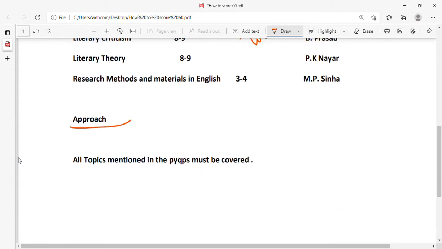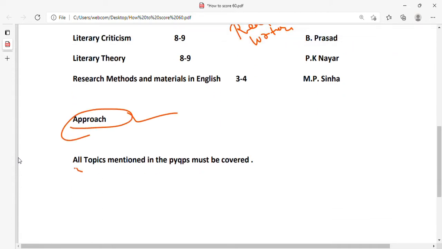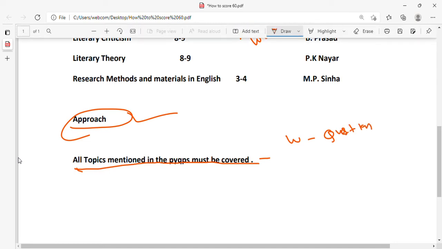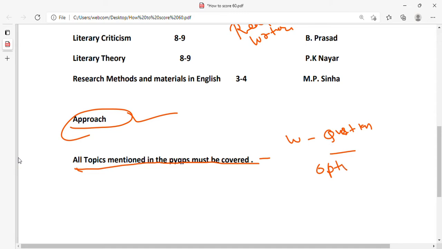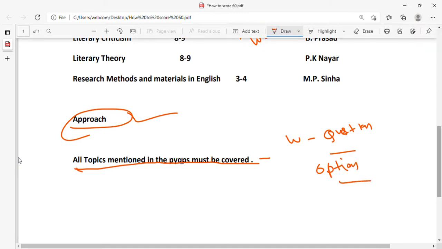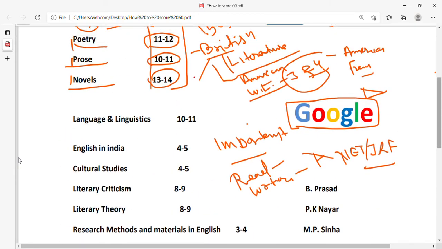The approach that you need to follow: all the topics mentioned in the PYQs must be covered, whether it is asked in the question or in the option. You just read its Wikipedia page.